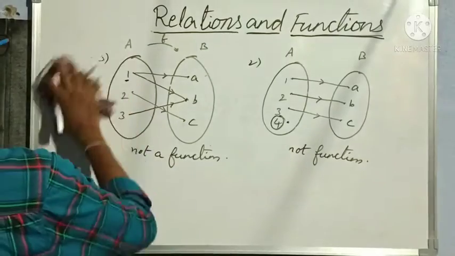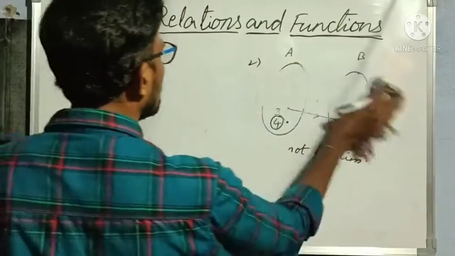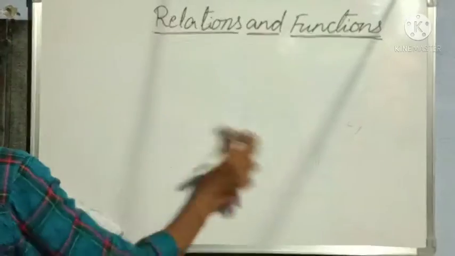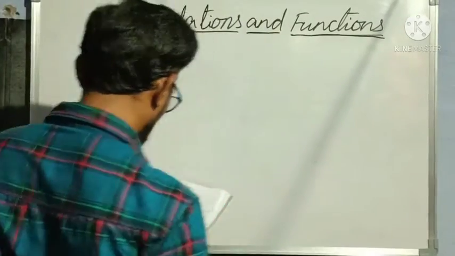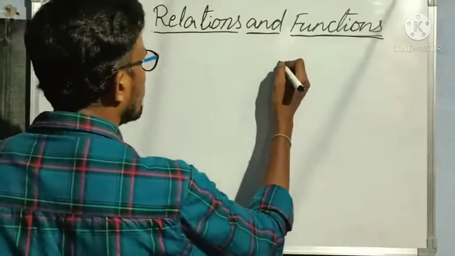Now let us see the domain, codomain and range of a function. Same as for a relation, for a function also we have domain, codomain and range.